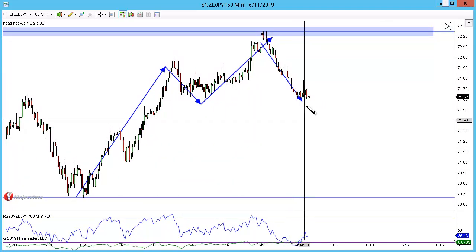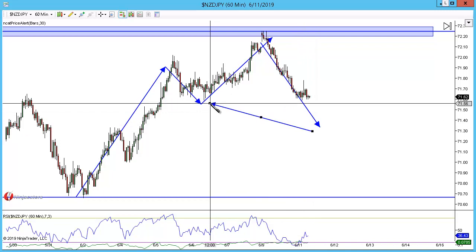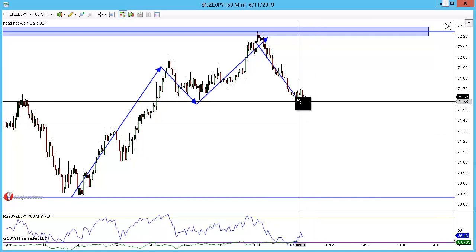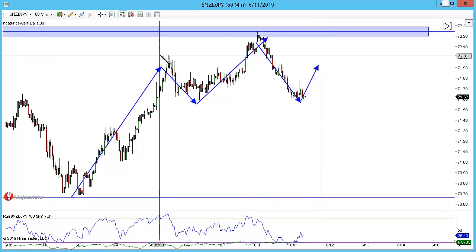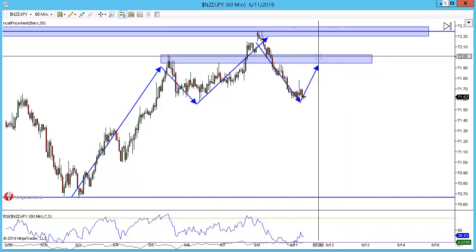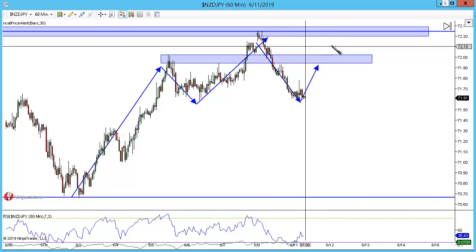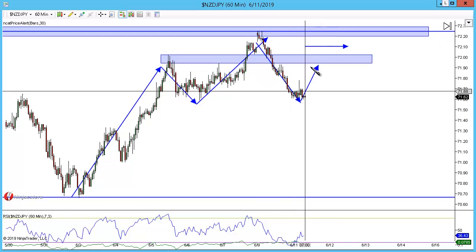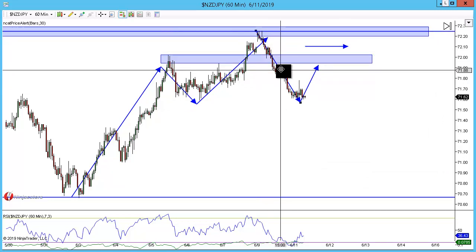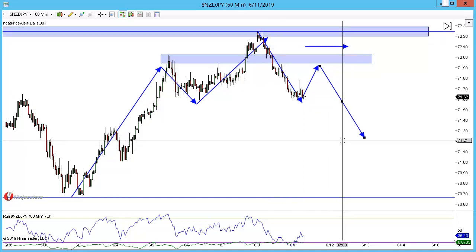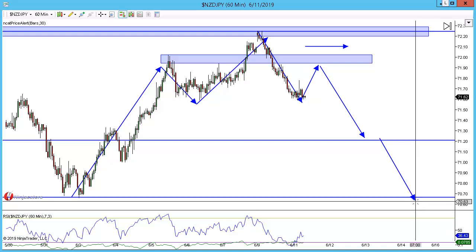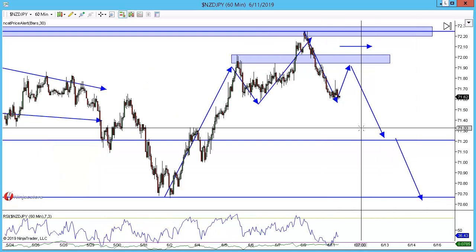I'm going to be looking for a violation first of all, or if we don't get it, I'm going to be looking for, within the wicks just up here, something like another head and shoulders or a double top that will allow me to have tight stops, and I'm going to be looking for either an AB equals CD pattern for target ones just here, and then looking at holding it for target twos for a retest of the lows. So probably two targets I'm going to be playing.